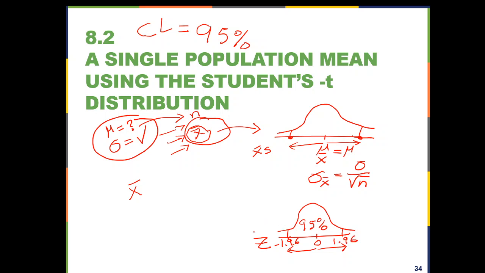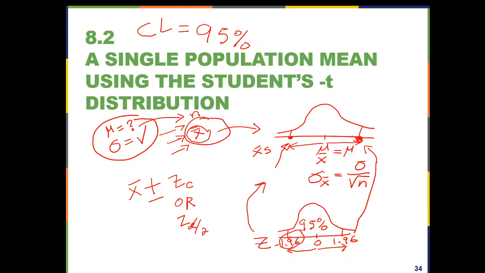So then we go back here, we say, okay, so this number has to be this many standard deviations to the left of the mean, and this number has to be this many standard deviations to the right of the mean. So that means we write the mean plus and minus how many standard deviations is called z sub c, or we call it z sub alpha over 2, right?